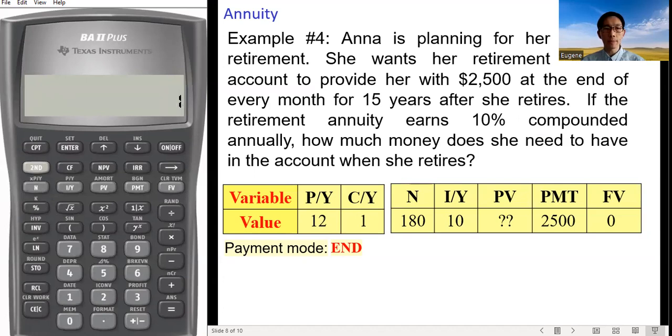IY is 10. And then PMT is 2,500. 0 for FV. Compute the present value, CPT, and then PV.